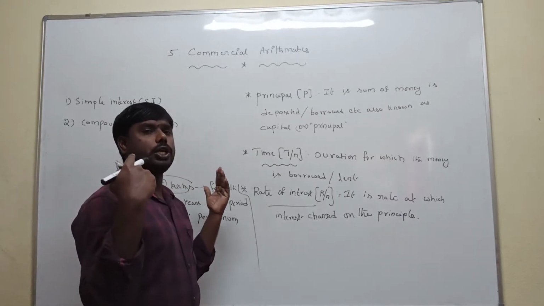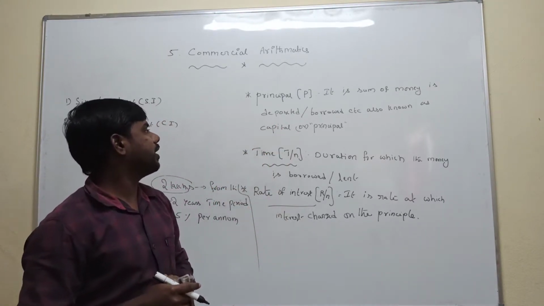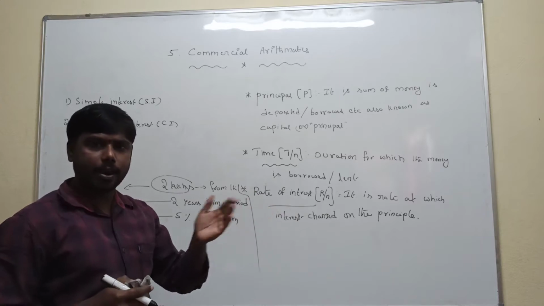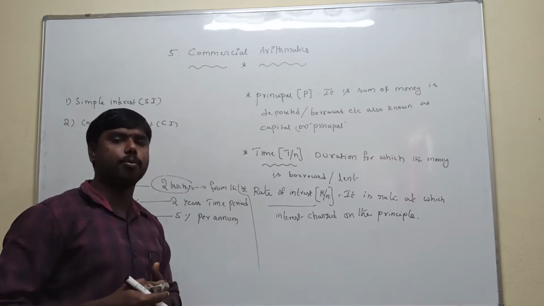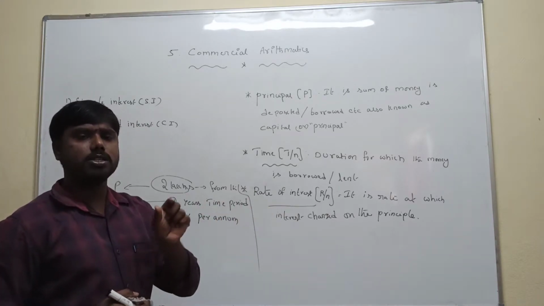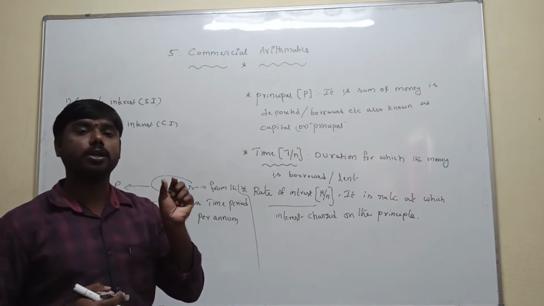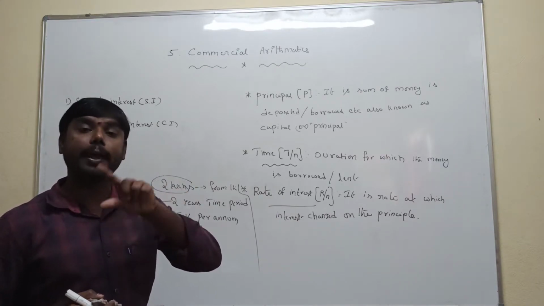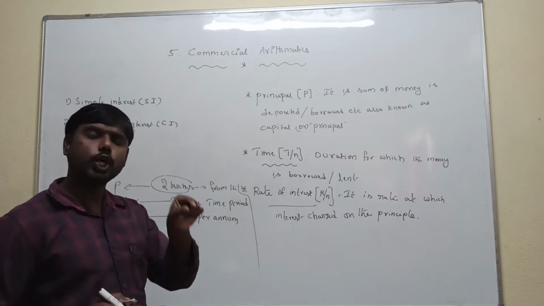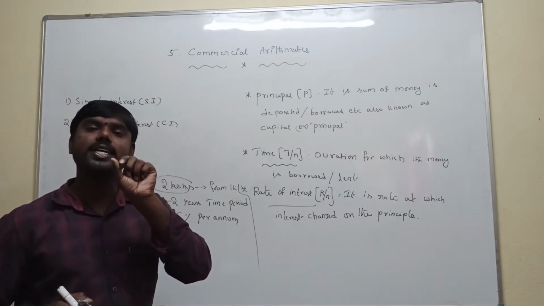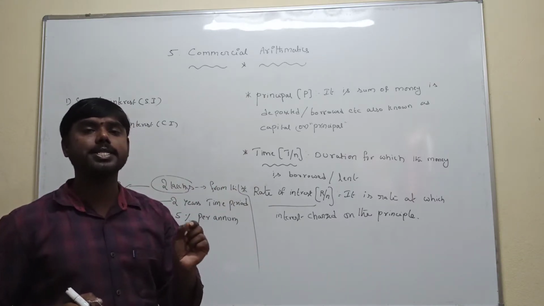Whenever you deposit some amount, or take a borrowed or lent amount, definitely some time period is there. That time period is called time, the duration for which the money is borrowed or lent.